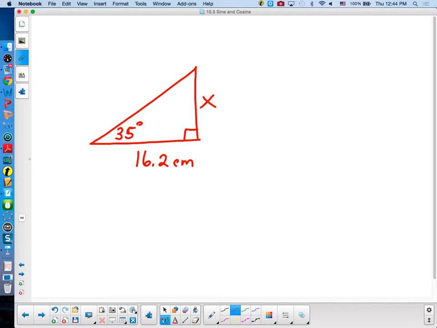Is this the way you set it up? You don't have the 12.